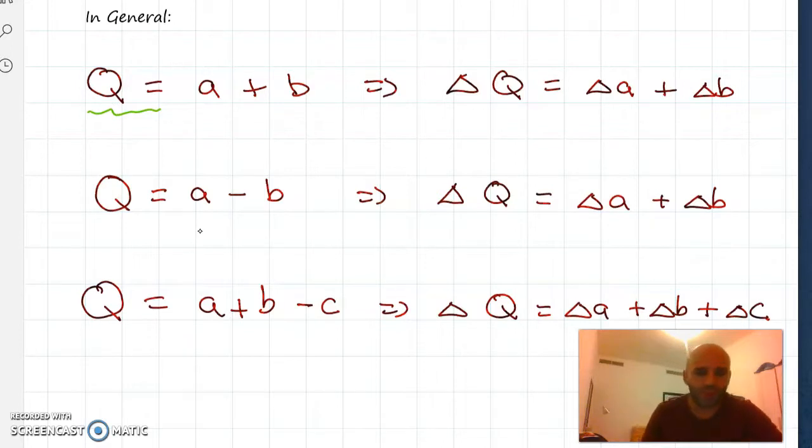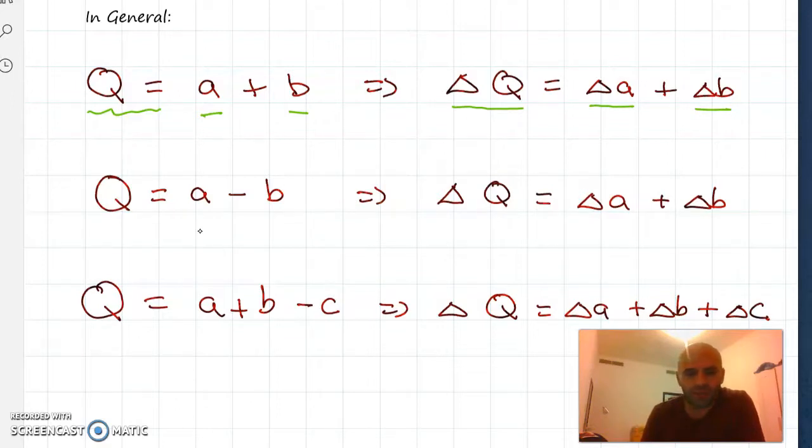If Q is some quantity that is made up of the value A plus the value B, and if A and B both have errors attached to them, then the error in Q, that's what the delta Q means, is the sum of the error in A plus the error in B. So basically, you add the errors.